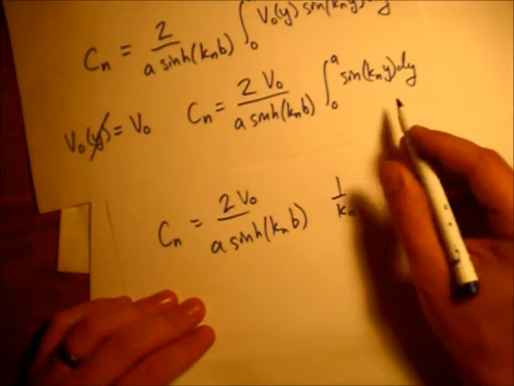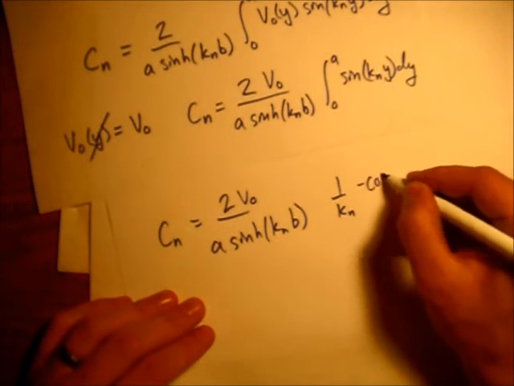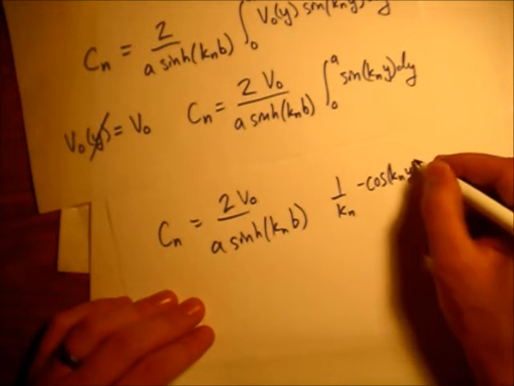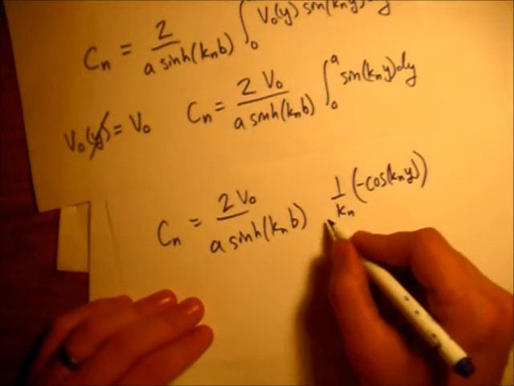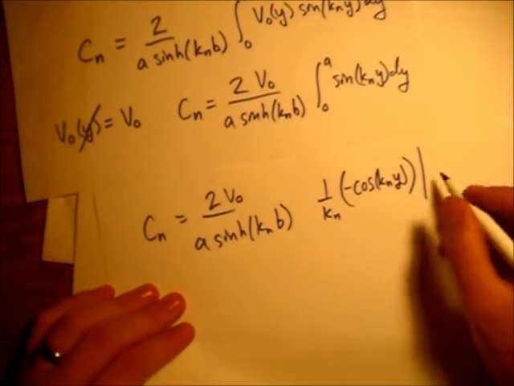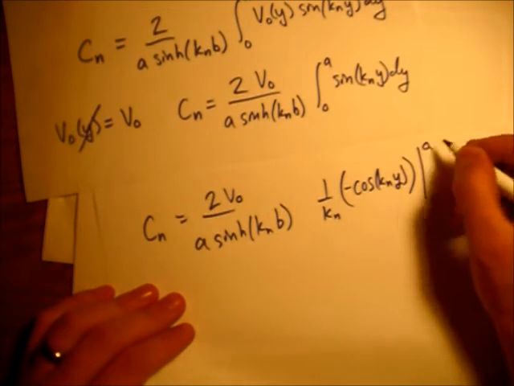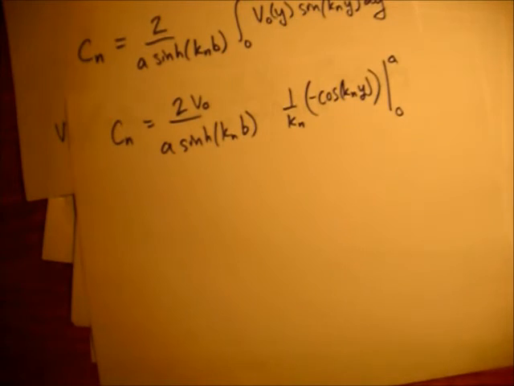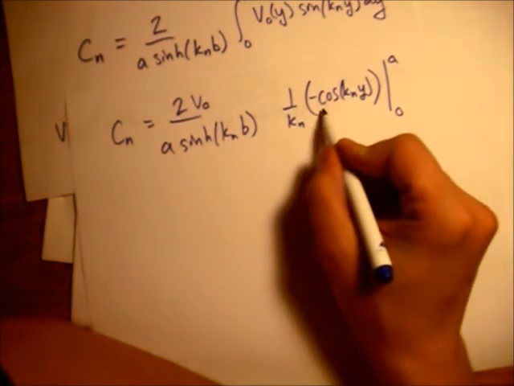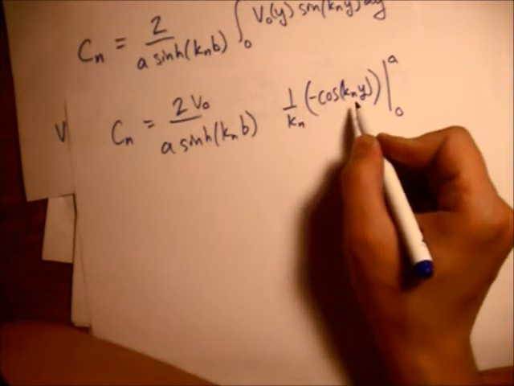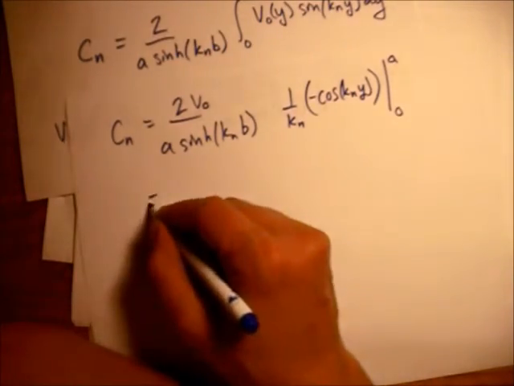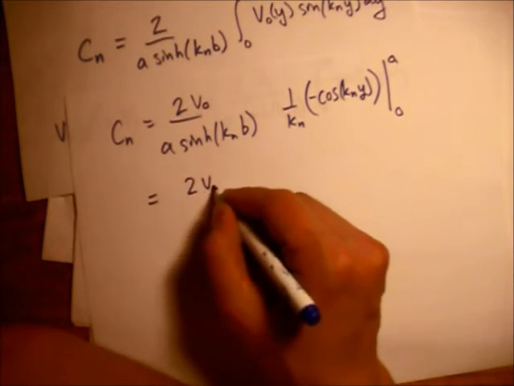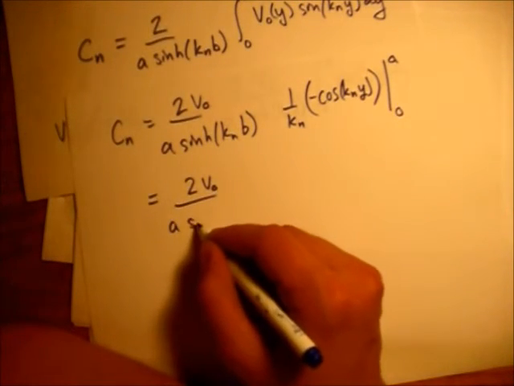We have a minus cosine of kny, multiplied by that, and now we are evaluating it from 0 to a. So at 0, this is going to give us a minus 1. In fact, we can just take this minus sign and flip the limits.